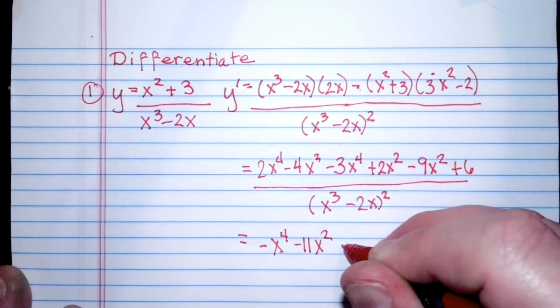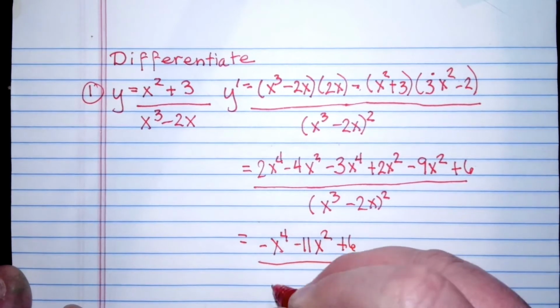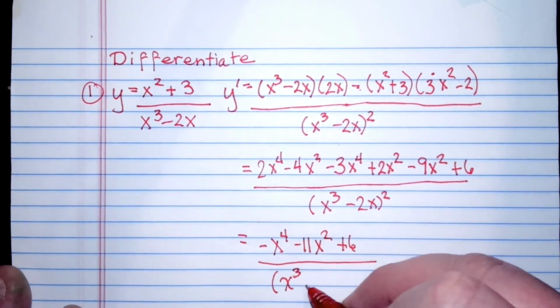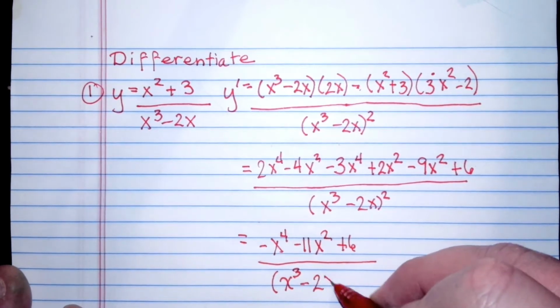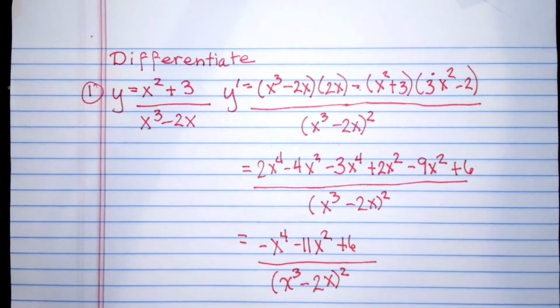And then we've got the plus 6. And the numerator will not factor, so there is no simplifying that can be done. And we have completed this example.